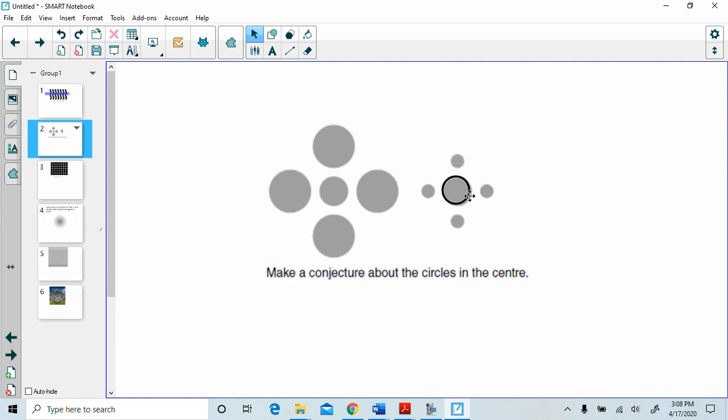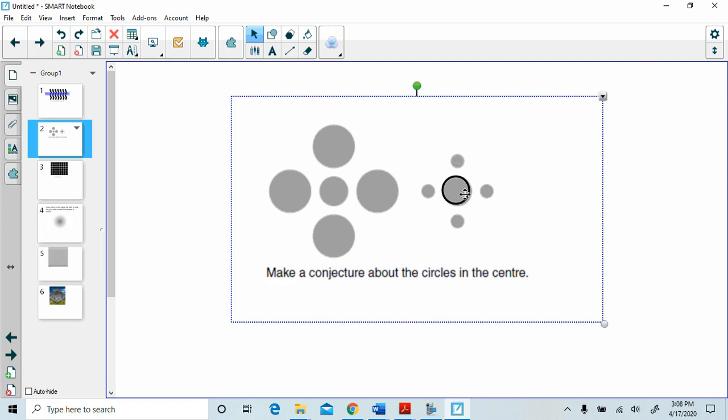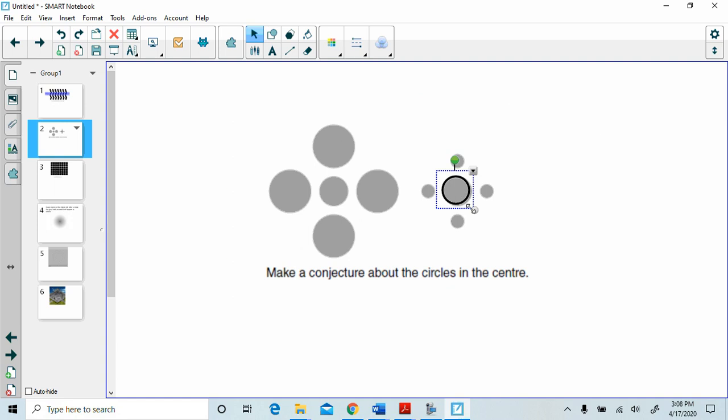Just put it over top, and try to match it up a little bit better. Okay, that's not bad. You can see that the circle is completely enveloped by this black circle. We'll just move it over, and you can see that it's also completely enveloped.